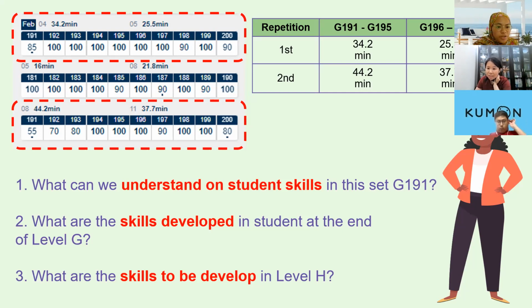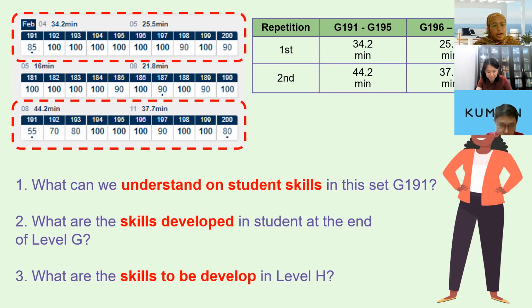G151 until H200, the topic is the same? What do you mean? Not exactly the same. It's continuous and relatable because it's about equations. Oh, okay. We can see the new worksheet in our Kuma app, right, for the H? Okay, never mind. I continue.